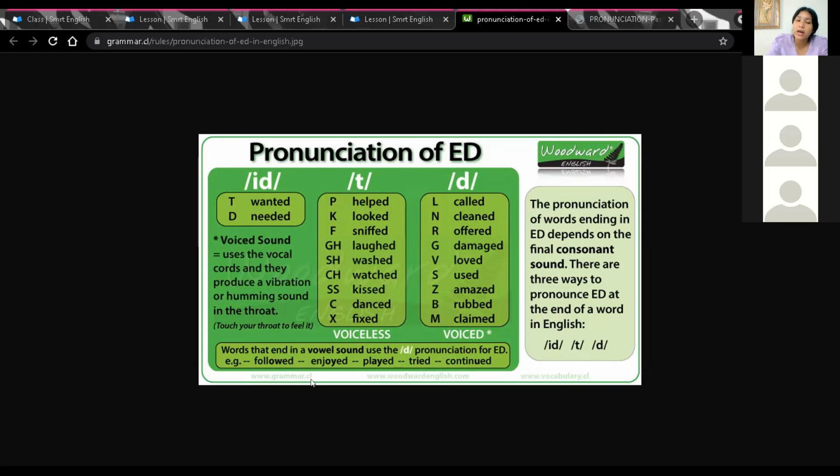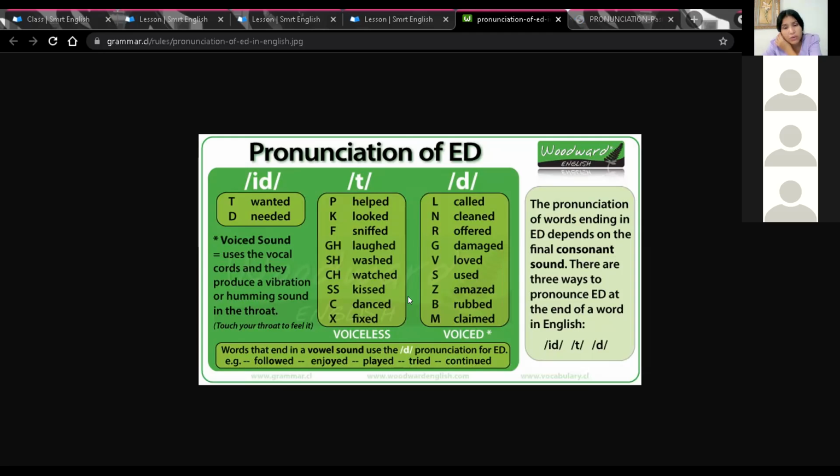That's why I'm going to add the sound of D, like followed. Enjoy sounds as an I. It means that I'm going to consider the vowel sound and add the ed ending, like enjoyed. Clear this part? I can share this image with you if you need it.